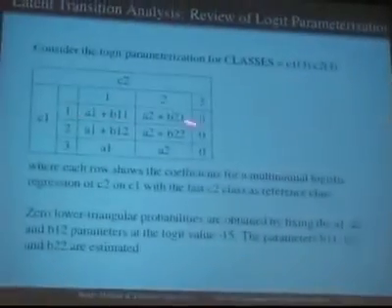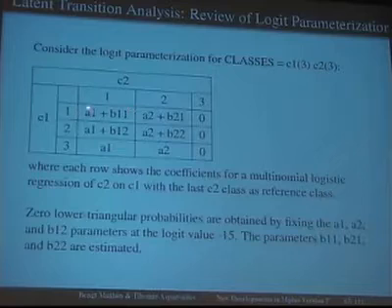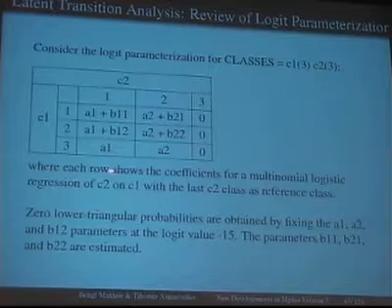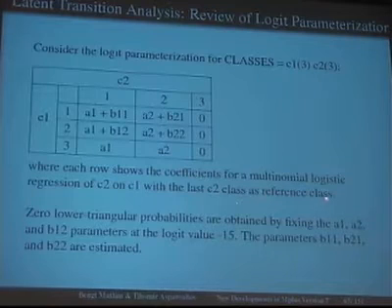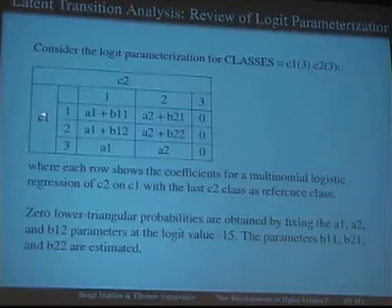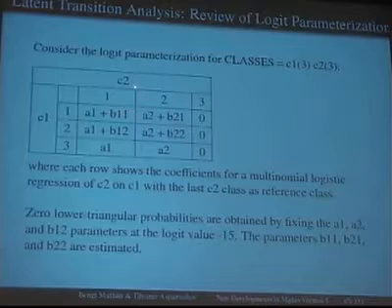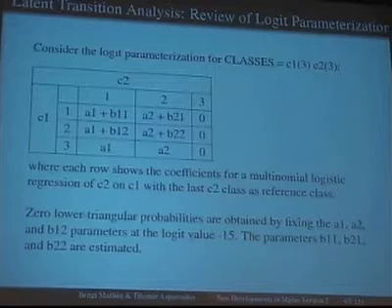Here are the logits that determine the probabilities of transitioning or not between the two time points. Each row shows the coefficients for a multinomial logistic regression of C2 on C1 with the last C2 class as a reference class. C2 is the dependent variable, C1 is the independent variable, and we do a multinomial logistic regression of the nominal C2 variable onto C1. All of this is in chapter 14 in the user's guide.